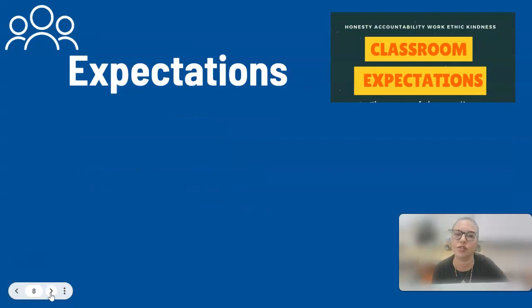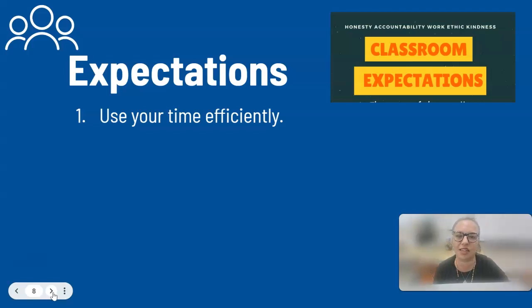All right, moving on to course expectations, the classroom expectations. The first one is to use your time efficiently. You have to start to self-pace. You have to figure out how you're going to get your work done in a timely manner. Use the target deadlines to help you do that. The second is stay positive. We want you to be positive.